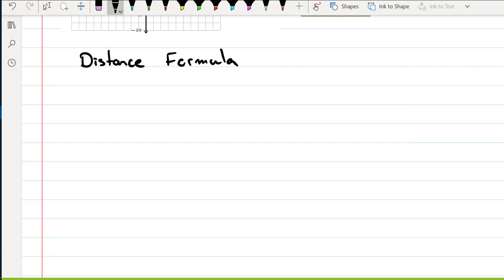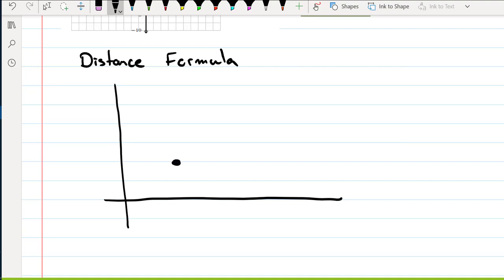So let's take a look at a picture, because pictures are always awesome. So if we want to figure out the distance formula, let's see what we have. So let's say we have 2 points, and we want to find the distance between these 2 points.